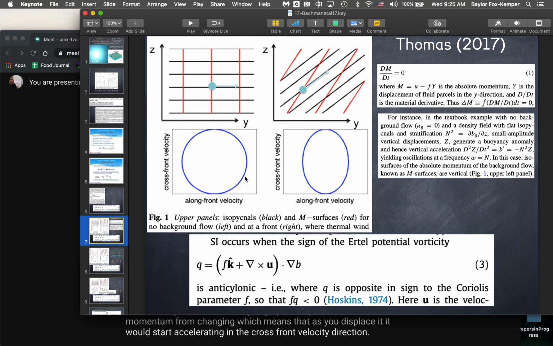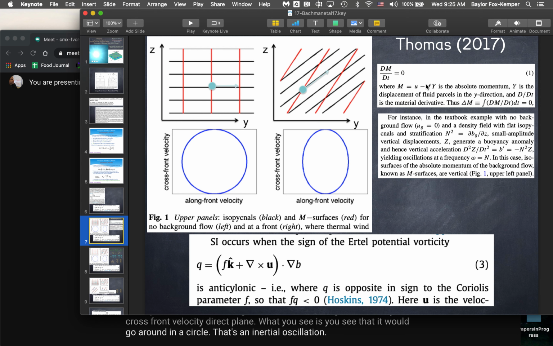And then as it would go back like this, coming back across its initial position and overtaking it. So here in the along-front velocity, cross-front velocity plane, what you see is that it would go around in a circle. That's an inertial oscillation.